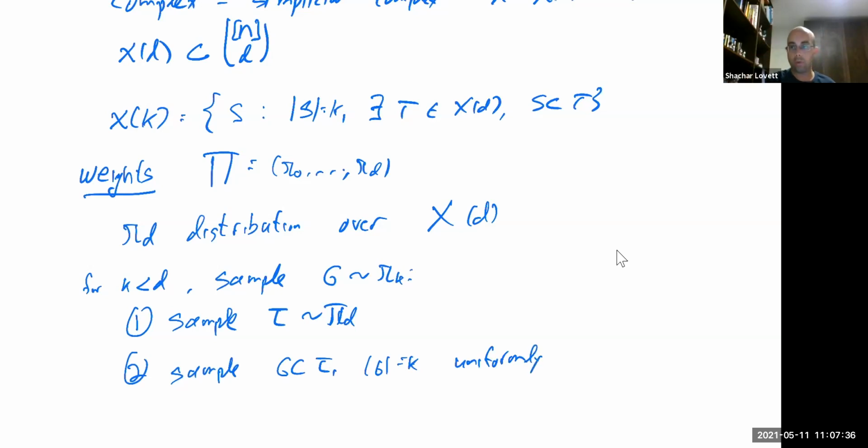So again, we have the top level distribution, and we sample from that, and then if we want to go to level k, we just choose a random k subset uniformly. So again, the top level faces of the complex determine everything below it, and the top level distribution determines everything below it. Okay. So far, this is just a quick reminder of what we've seen last time.